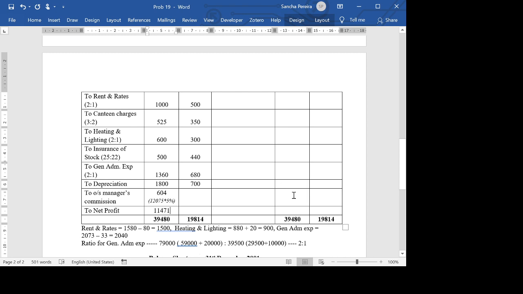which comes to 11,471. So what I do is take this total this side, minus all the expenses. On whatever amount I get, I calculate 5%, and that amount I then deduct from the profit I had calculated to get the final profit.